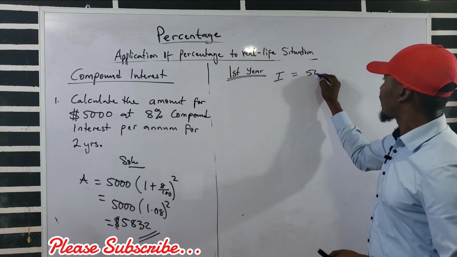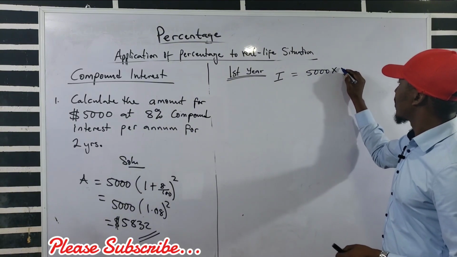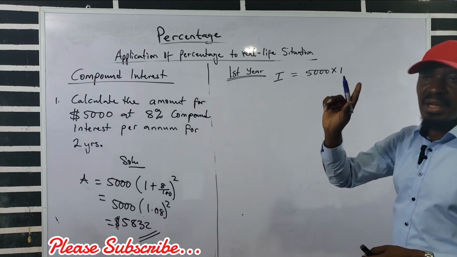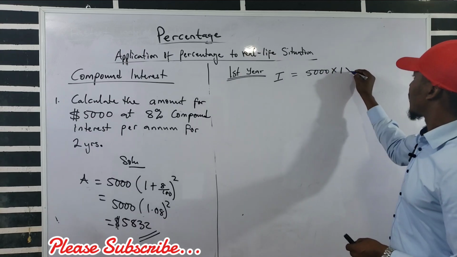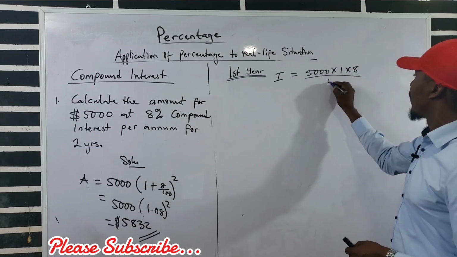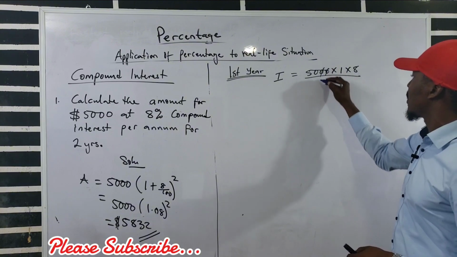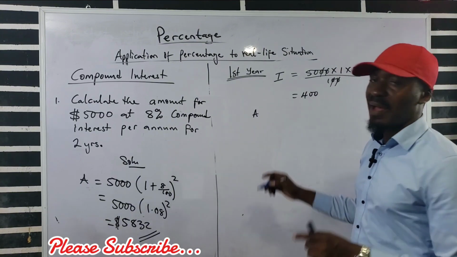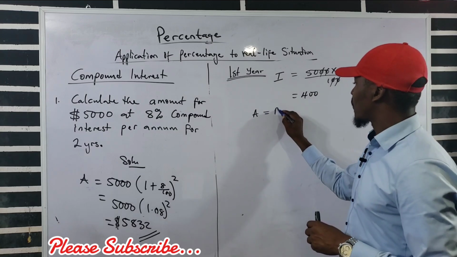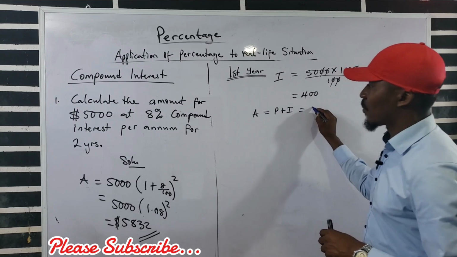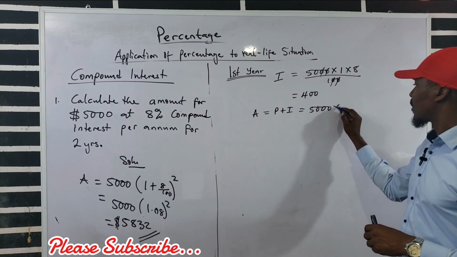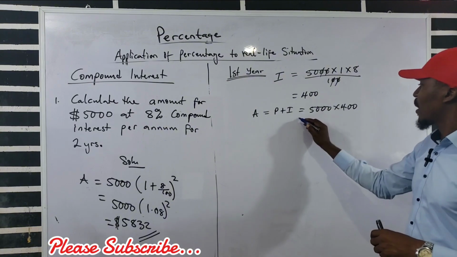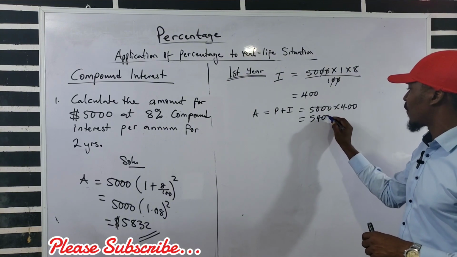That will give us 5,000 times 1, because that's just the first year, times 8% all over 100. This will go, so we have 400. So our amount after the first year will give us P plus I, which is 5,000 plus 400. That will give us 5,400.